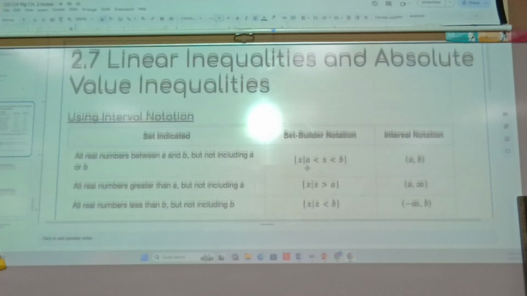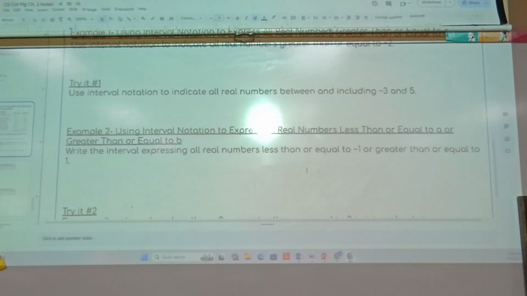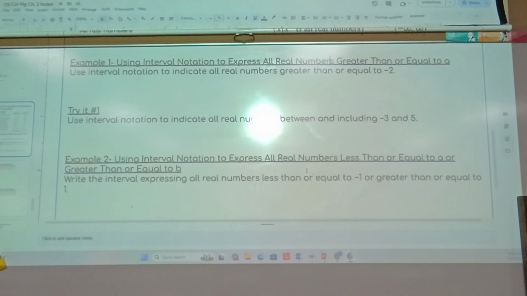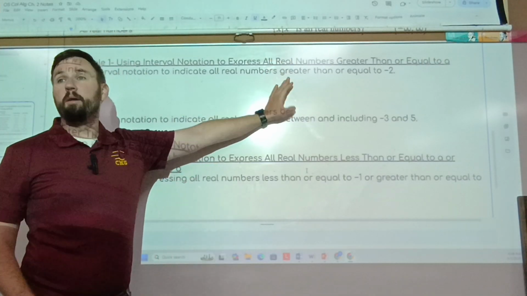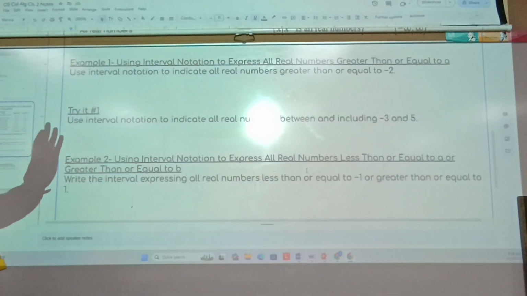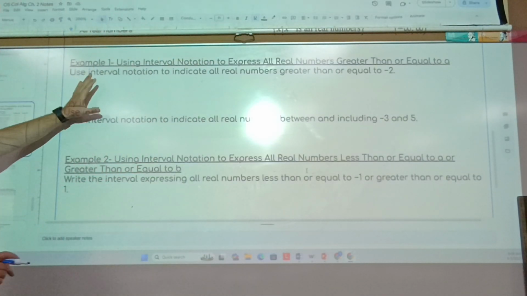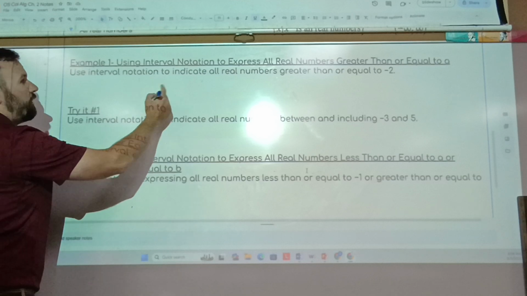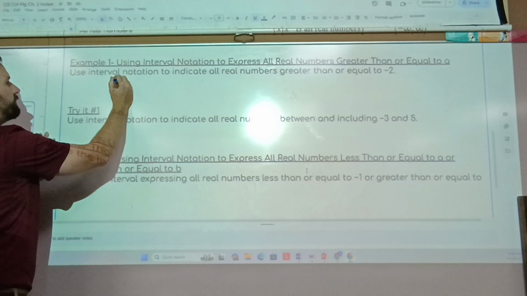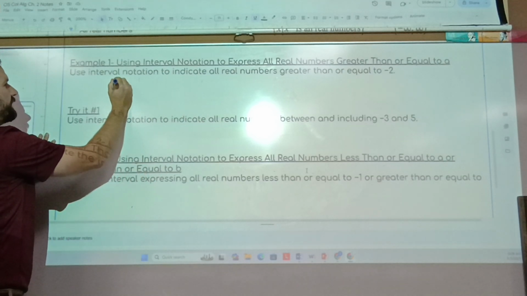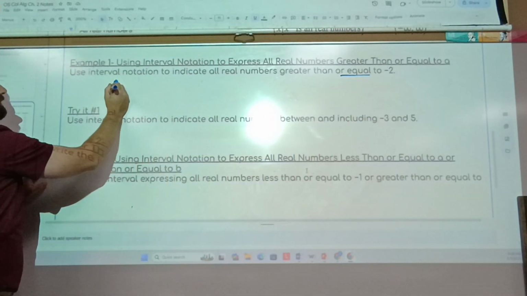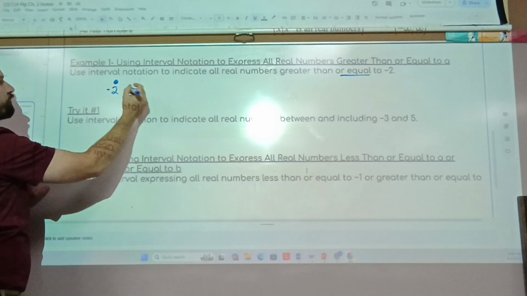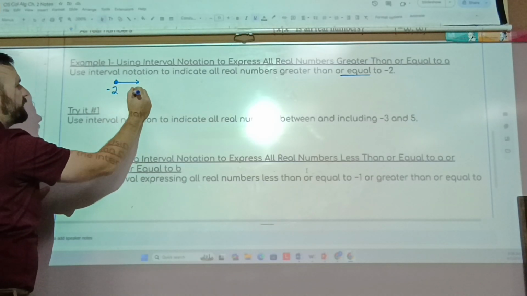All right, let's do some examples. Use interval notation to indicate all real numbers greater than or equal to -2. So I'm going to think about this like a number line. All greater than or equal to -2. So if I was graphing that, I'd have a closed dot because it's equal to at -2, and greater means I'm moving to the right.